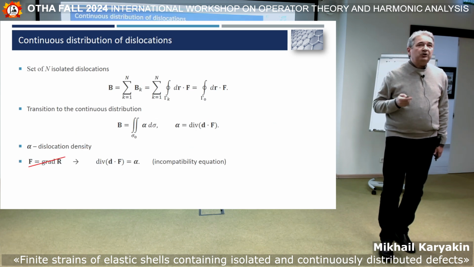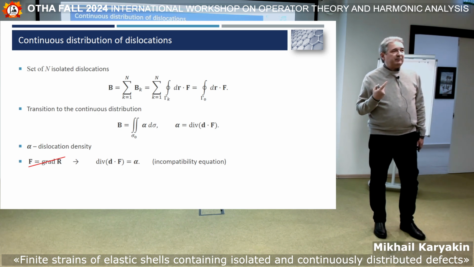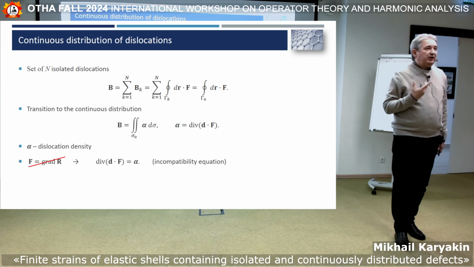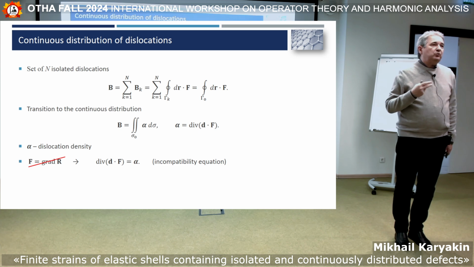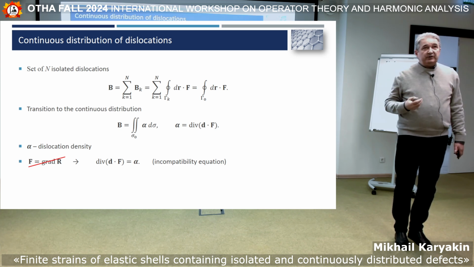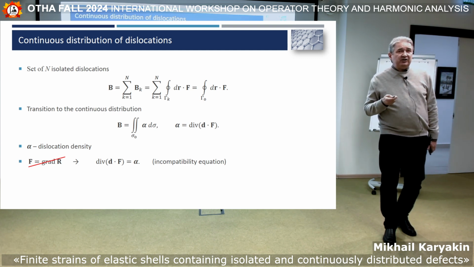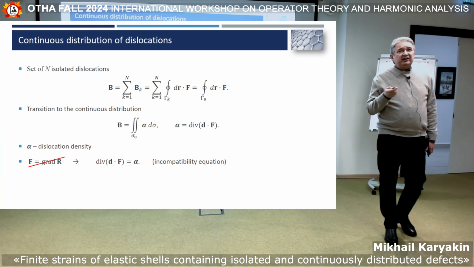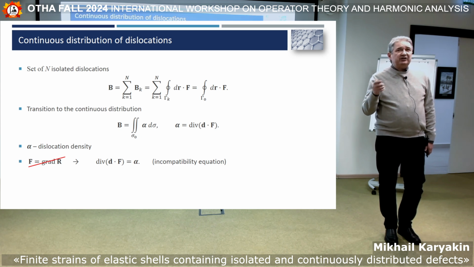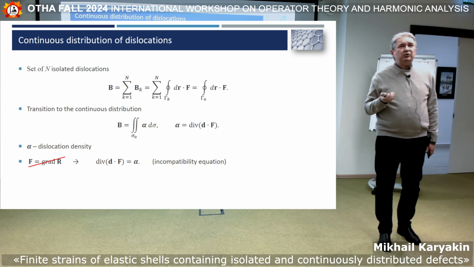If I have a lot of dislocations, as I said, in real life the density of dislocations is very huge. What if we want to go from one dislocation to a big number of dislocations? Of course, in the case of n isolated dislocations, we can change the sum of integrals by the integral of the sum. Fortunately, this is a summation operation, and we can do it.